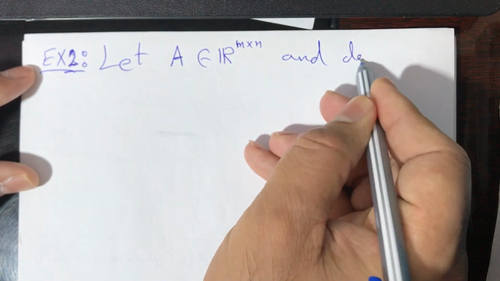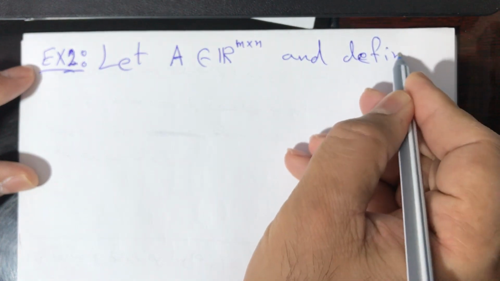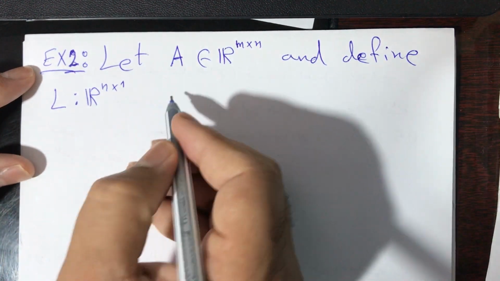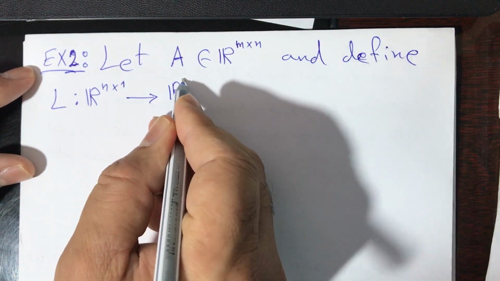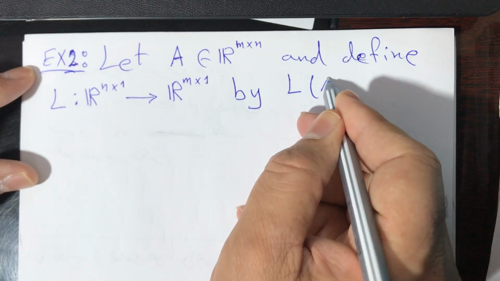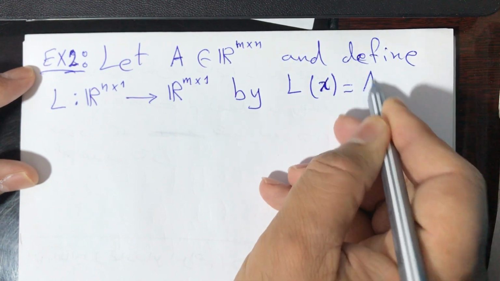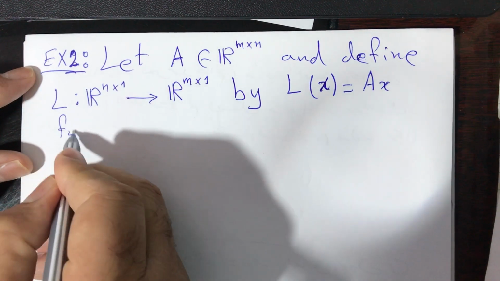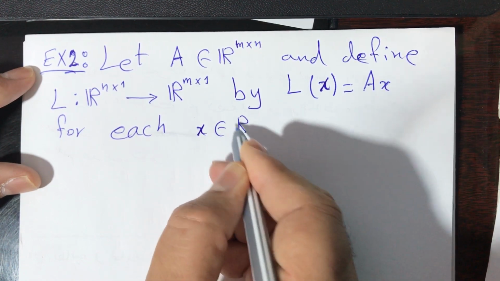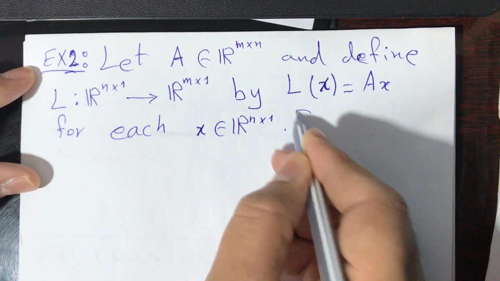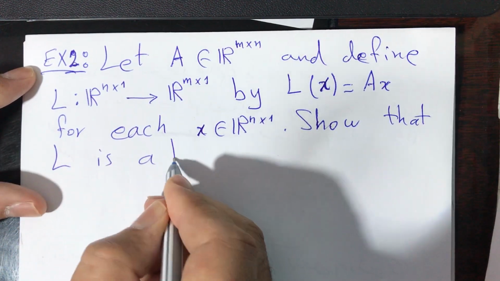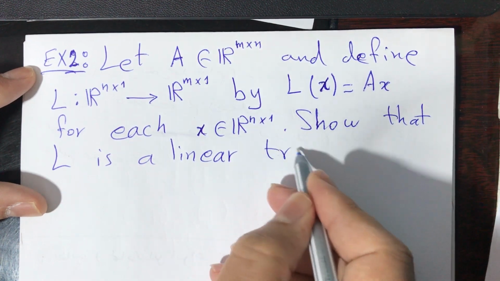Define L from R^(n times 1) into R^(m times 1) by L of x equals A x for each x belonging to R^(n times 1). Show that L is a linear transformation.